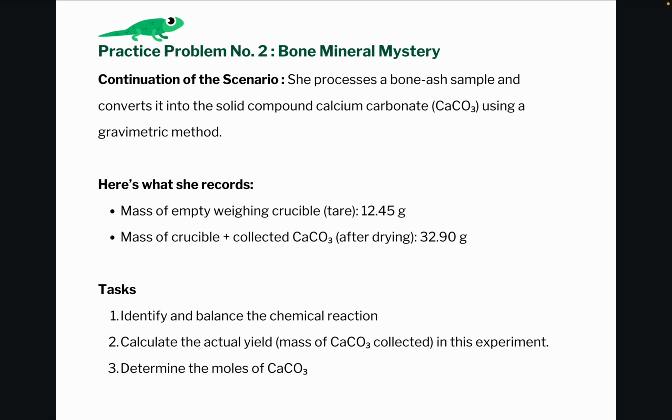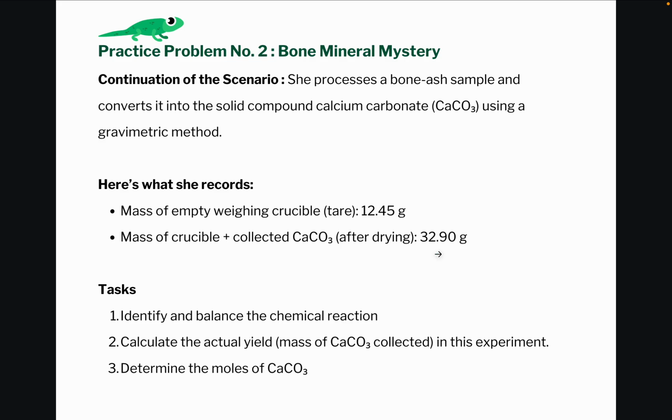In the continuation of our scenario, she processes a bone ash sample and converts it into the solid compound calcium carbonate using the gravimetric method. Here's what we got: the mass of the empty weighing crucible is 12.45 grams, and the mass of the crucible plus the collected calcium carbonate after drying is 32.90 grams.